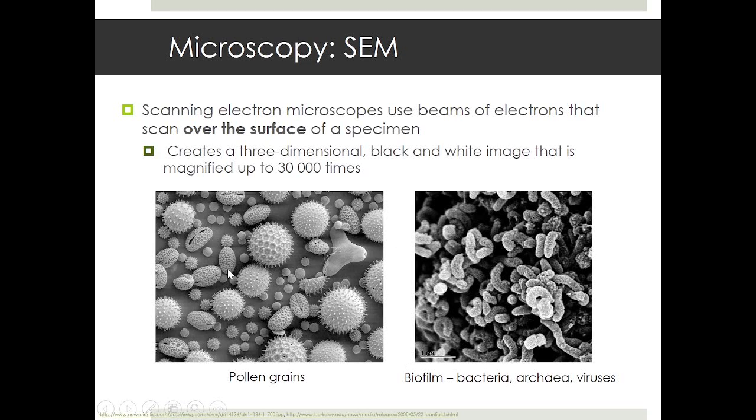These are, for example, some pollen grains that you can see have a very nice and interesting structure to them. Who knew? And if you look at bacteria, they also have a texture. They're not just smooth little beans or smooth little balls on a microscope slide, but rather actually have some character and personality when you look at them up close with this type of microscopy.